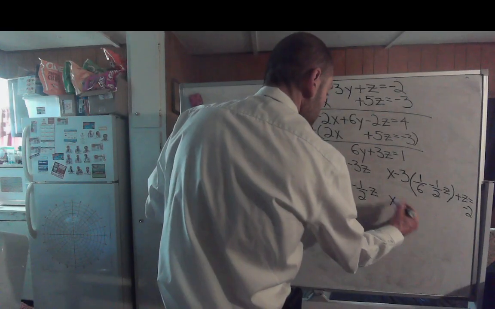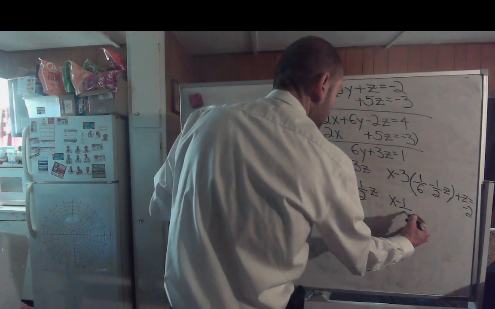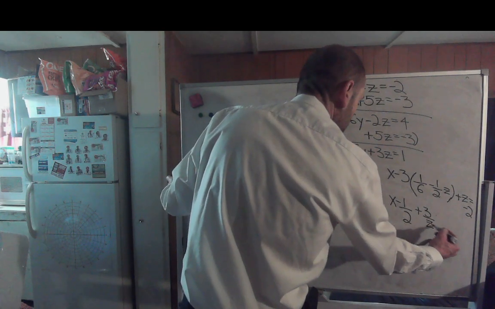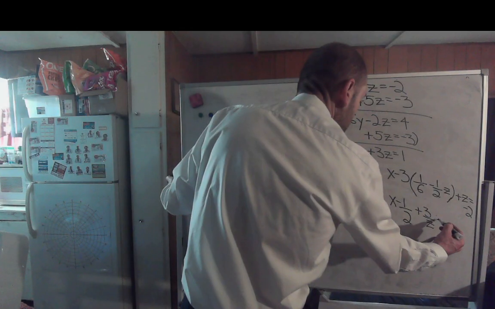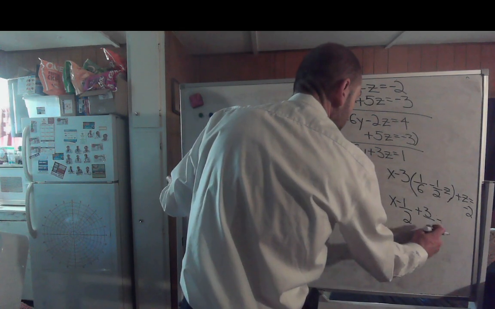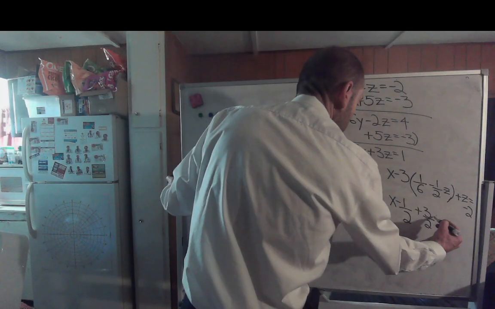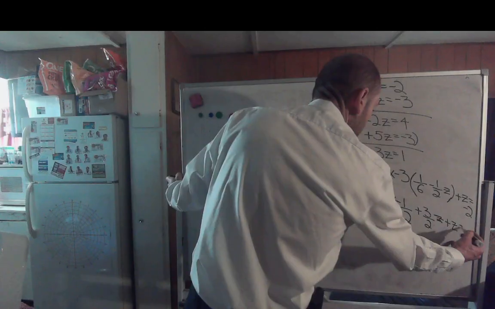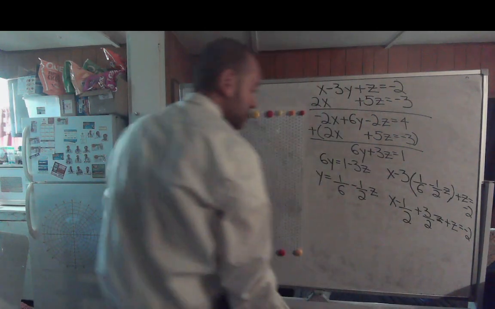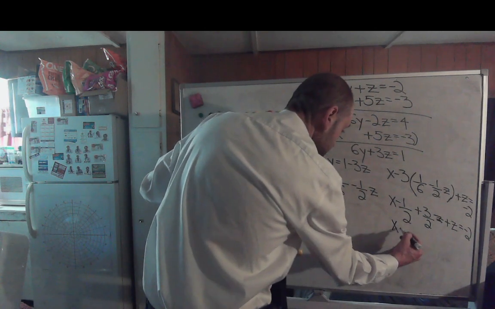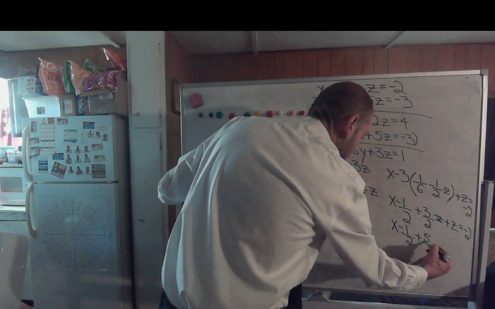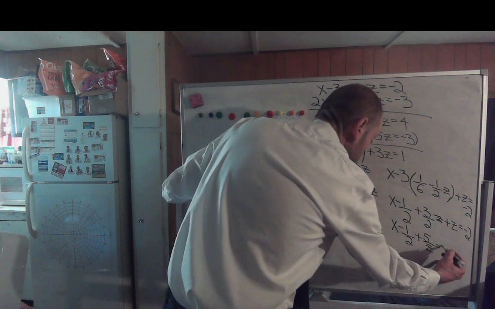Well, this should give you x minus 1/2 plus 3/2 z plus z equals negative 2. So then x minus 1/2 plus 5/2 z equals negative 2.